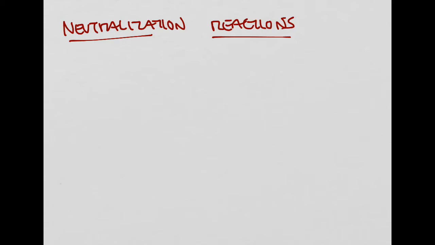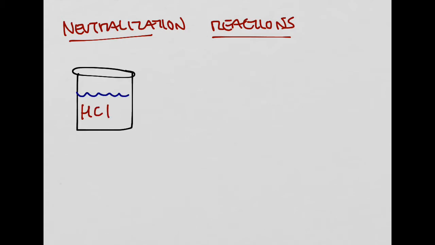All right, neutralization reactions first. Here I have a beaker that contains a solution of hydrochloric acid, so it's in water. And if you recall, way back at the outset of this set of topics, I talked about litmus paper. Well, you should know that an acid will turn blue litmus paper to red, indicating indeed that it is an acid.